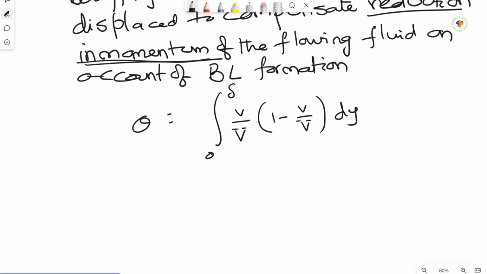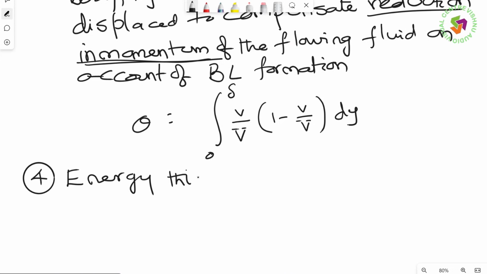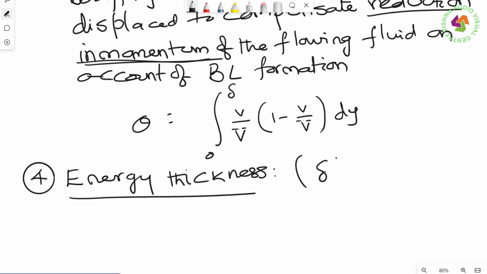This is the second. The last one, what is energy thickness? This energy thickness is represented by delta double star. Delta star is displacement thickness, theta is momentum thickness, delta double star is this.